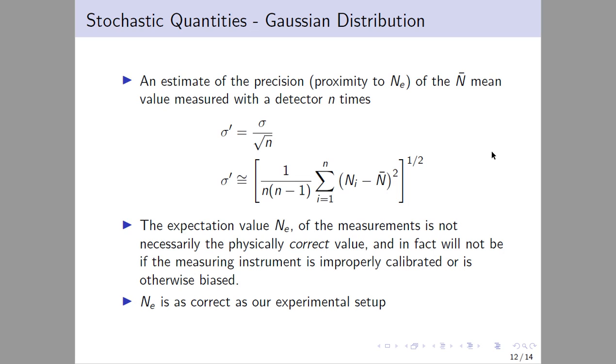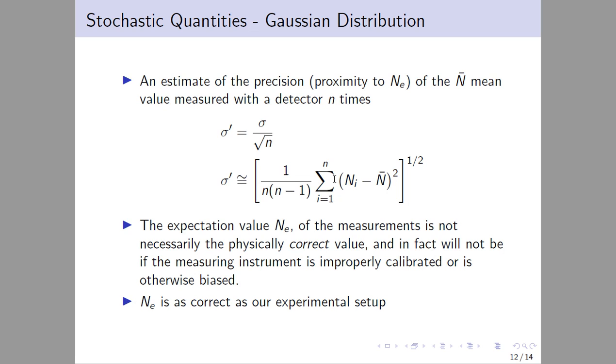So it is random. If we want the detector to get the same value, 36.3, we must be precise. So sigma prime equal to sigma over the square root of n, and this is the equation.